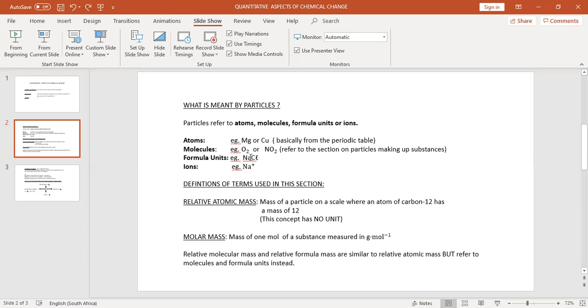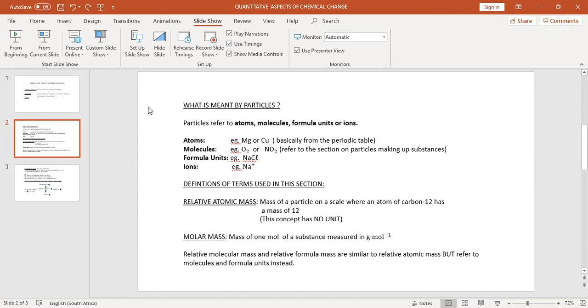If I put this in water, it will split up into ions. So I'll have an Na plus ion, I'll have a Cl minus ion. Any substance that is a formula unit, anything that is ionic, if I put it in water, it will break up into ions. So I have 4 possible types of particles.